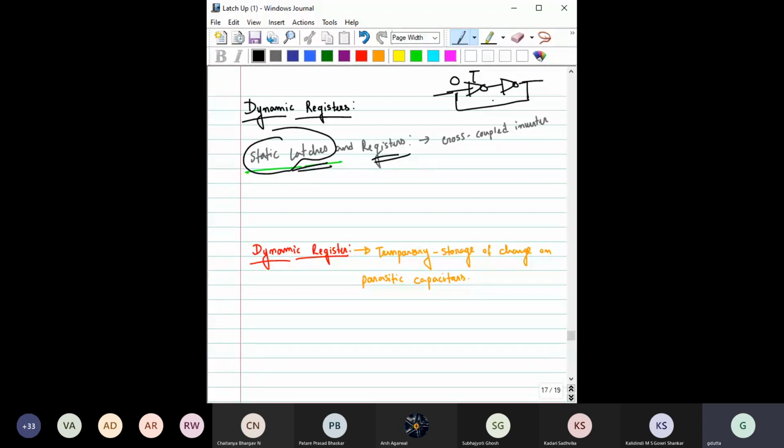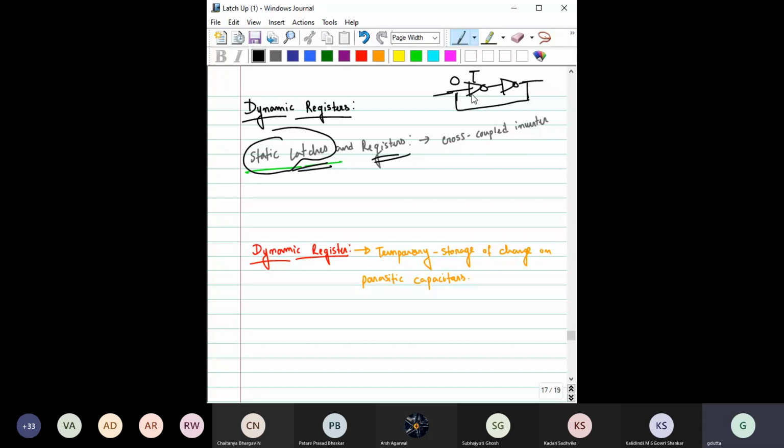But suppose we need some memory element where the storage time is very small, where you need to remember one bit for a very small amount of time.